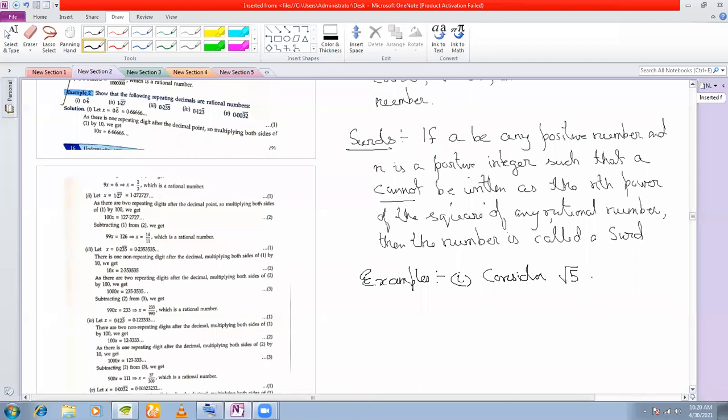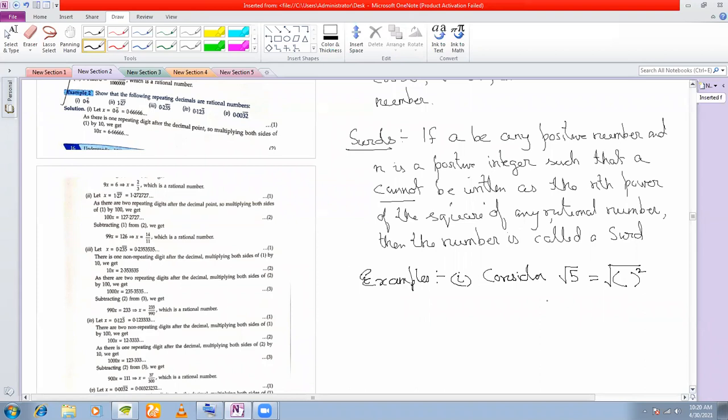Can 5 be written as the square of any rational number? Is there any rational number such that inside this radical I can insert its square?